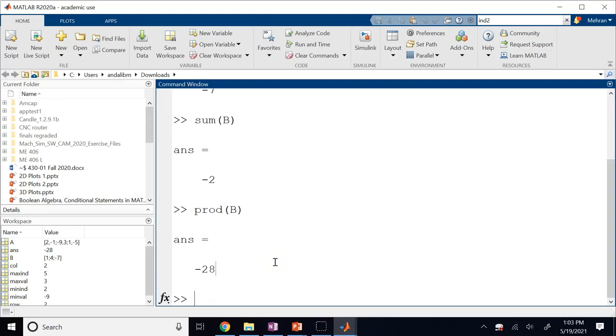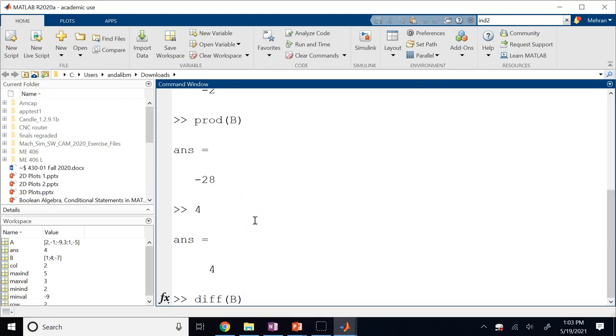There is another command called diff. Diff, when you apply it to a vector, will subtract each number in the vector from the previous one, and it gives you the result. So it subtracts 4 minus 1, which is 3, then negative 7 minus 4, which is negative 11.